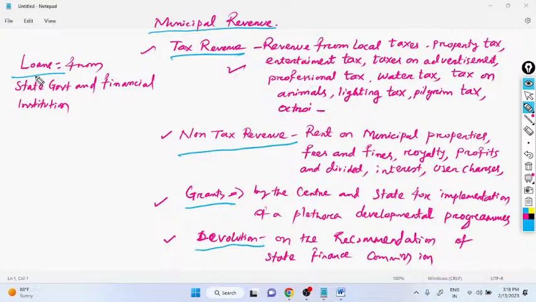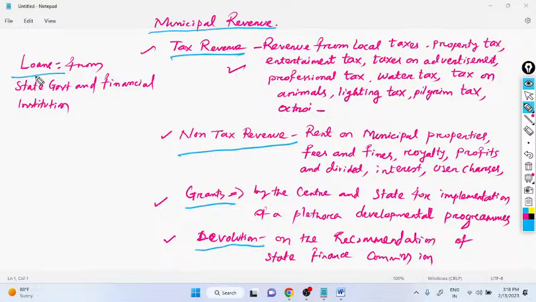So they depend mostly on the devolution, on recommendation of the grants and devolutions, which are operated only at the instigation and at the direction of the central and state governments, which devolve.